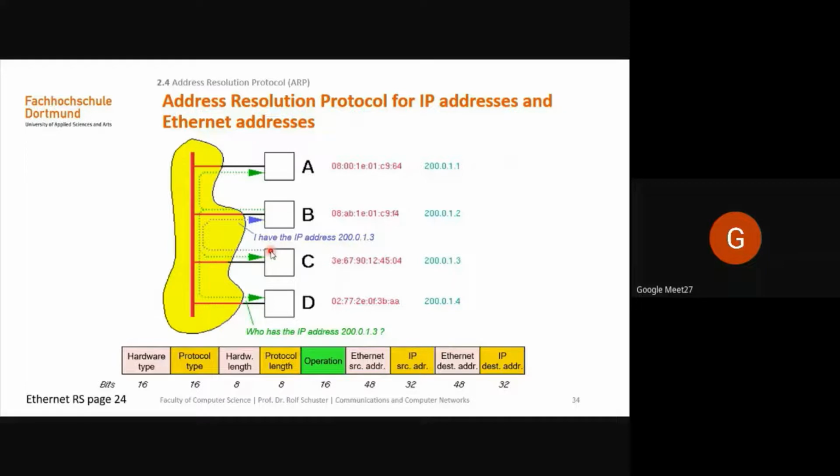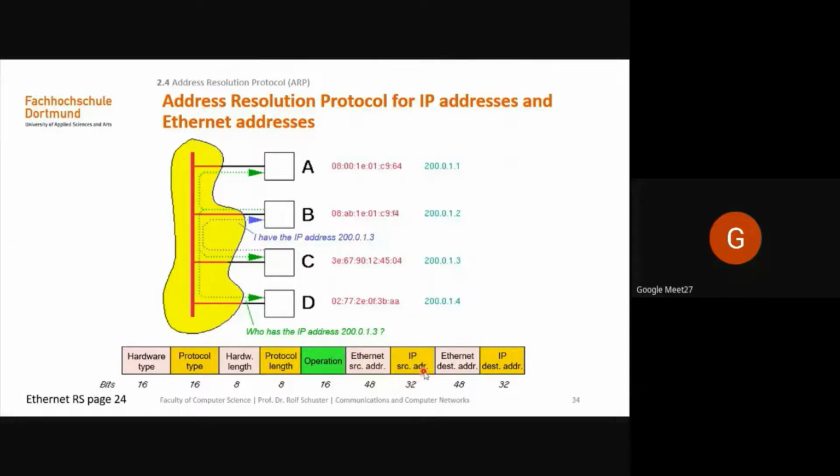or ARP response. In this field, C will code the number that says that this is an ARP reply, and here in source MAC address, C will specify its own MAC address.